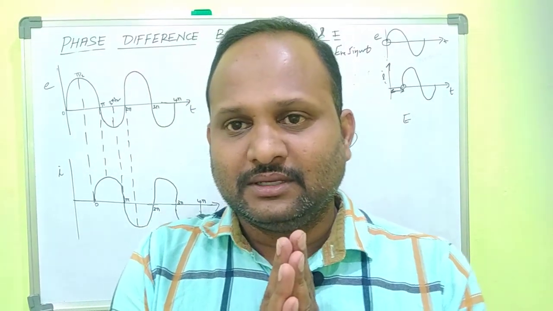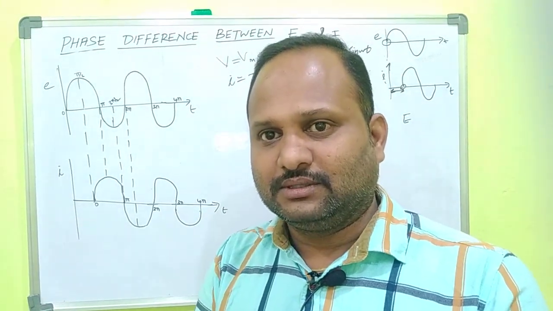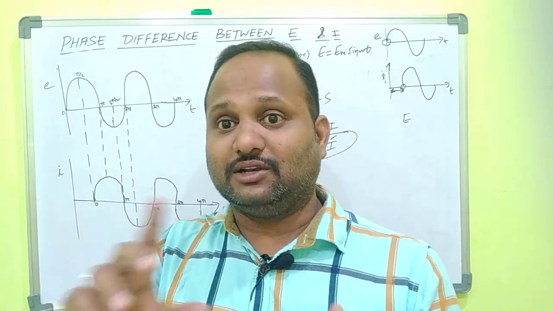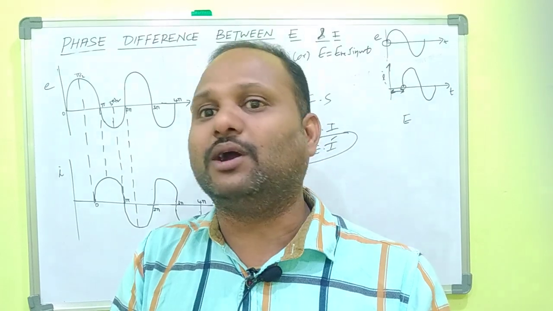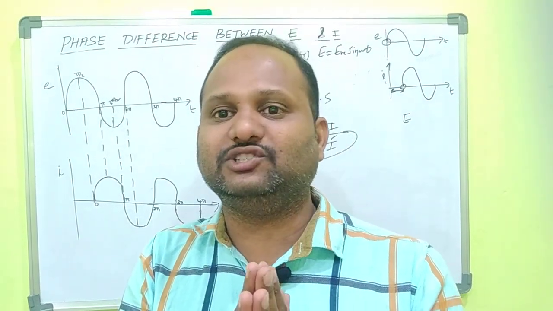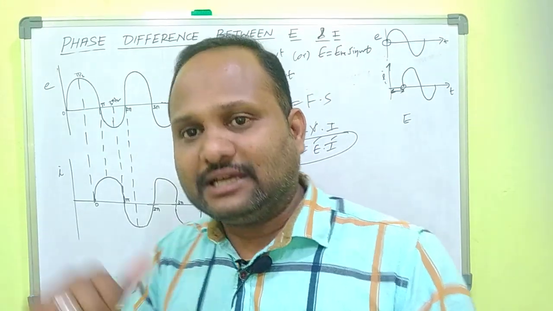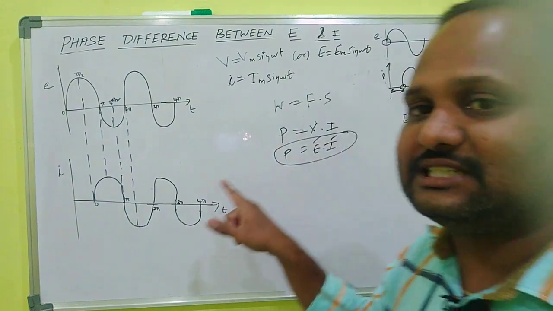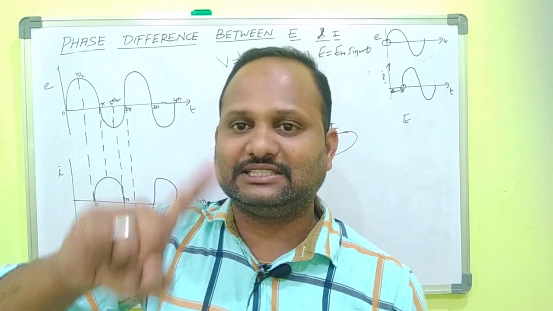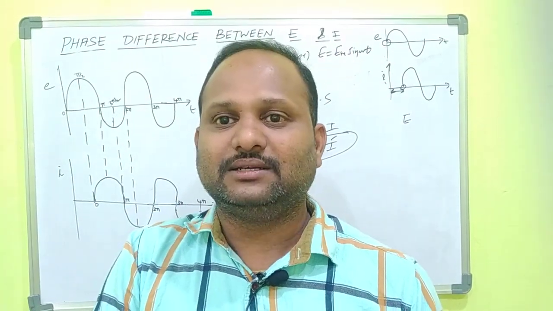What is the cause of this phase difference? Consider the direction difference between the engine and the guard of a train. The cause for the difference in direction between the engine and the guard is the length of the train. Here also there is a resistance between the current and the EMF. So the energy of the EMF will not immediately transfer to the current.